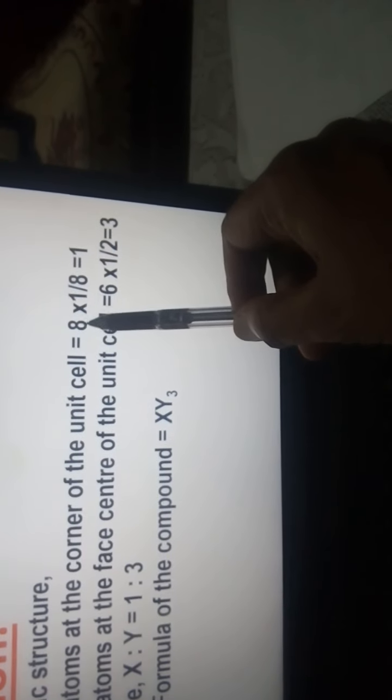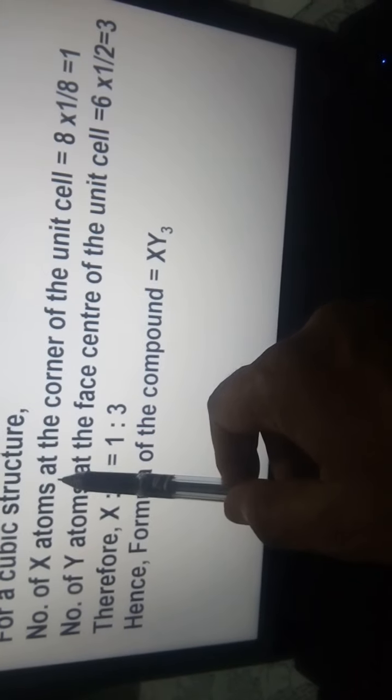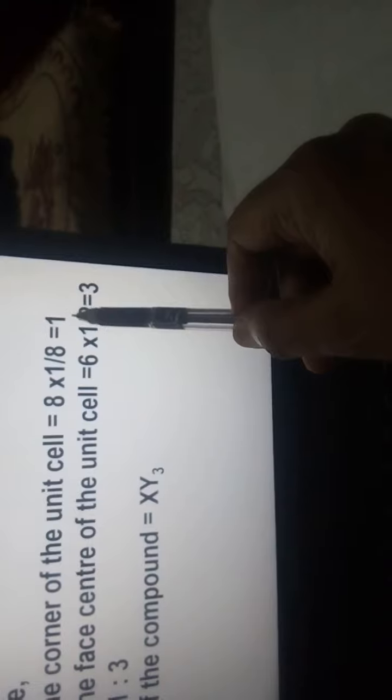So total 8 corners contribute 8 into 1/8 portion, that is equal to 1, and that is occupied by the X atom. So the number of X atoms will be equal to 1.